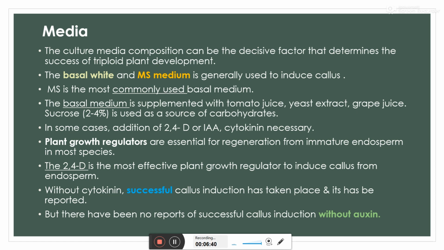In some reports, successful callus induction has taken place without cytokinin. But without an auxin, no successful callus induction takes place. So without cytokinin, callus can be formed successfully, but auxin is considered important for callus induction.